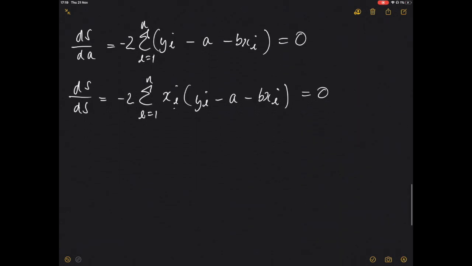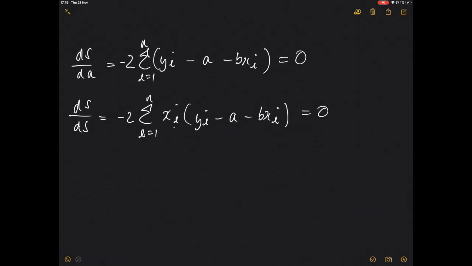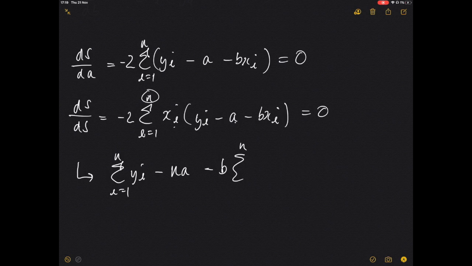So we can still tidy this up a little bit more and maybe put it into a form that we're more familiar with. So maybe we want to put this into terms of y. This then is our sigma, i equals 1 to n, of our yi, so we split it up, minus, well, if we have no subscript, this would just be multiplied by n, so nA minus b sigma, i equals 1 to n, xi equals 0.